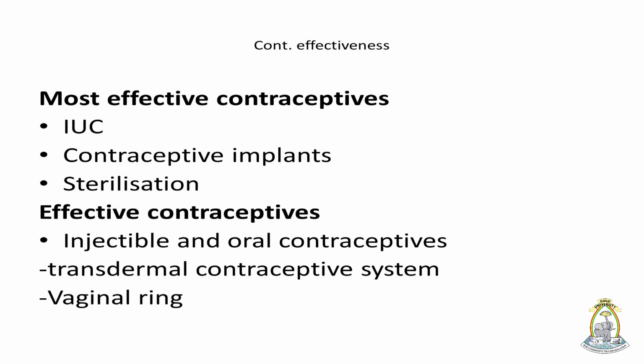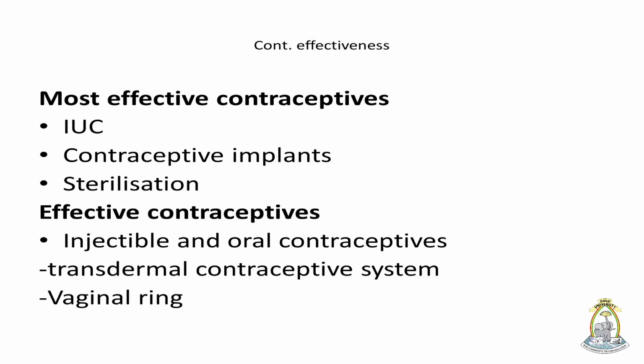The most effective contraceptive methods are the IUCs, the intrauterine contraceptives, like the copper IUD and whatnot. And then the contraceptive implants are also among the most effective. And then the sterilization. In one study, it shows that the implants are actually the most effective among the most effective.